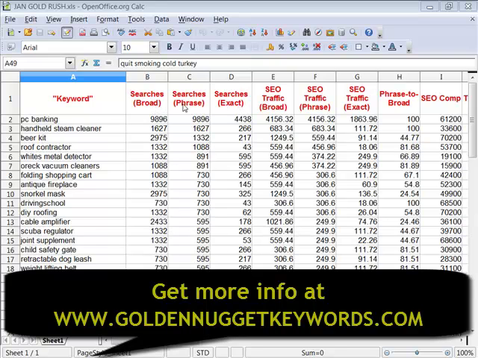Second section is searches. We have three columns here: broad, phrase, and exact. So let's do a quick tutorial on this bit. Broad phrase is when the words, in this case PC banking, those two words are in any order within the search phrase that the searcher types into the box.